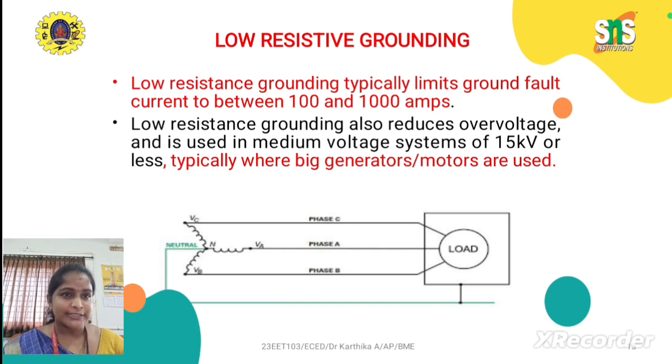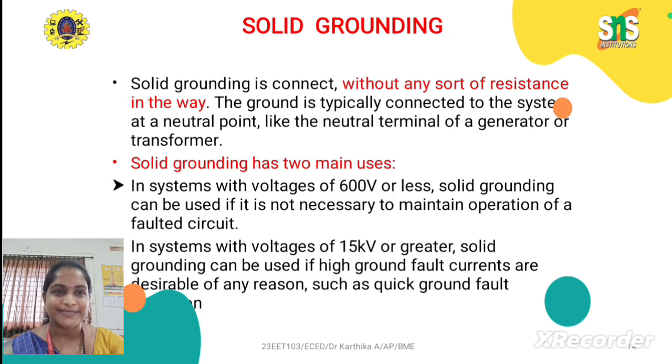Low resistance grounding also reduces over voltage and is used in medium voltage systems of 15 kilovolt or less, typically with generators or motors. Here we have phases A, B and C, and also a neutral line which is connected with the load. The low resistance grounding systems use current between 100 and 1000 amps.